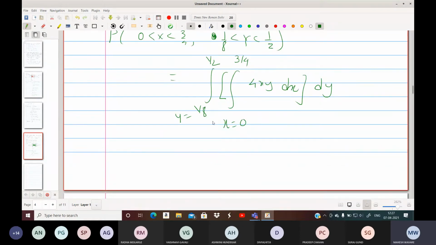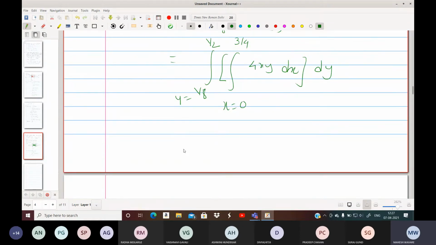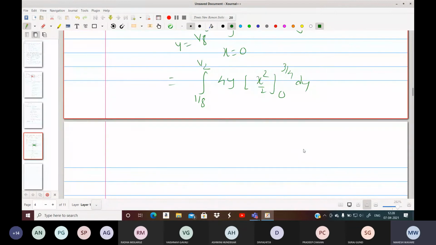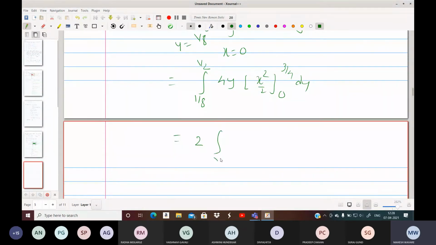So firstly, integrating with respect to x, treat y as a constant. So 4y will be constant. Y has limit 1 upon 8 to 1 upon 2. Integration of x is x square upon 2, and put the limits in place of this. So this becomes 2y times x square, which is 9 by 16 minus 0.